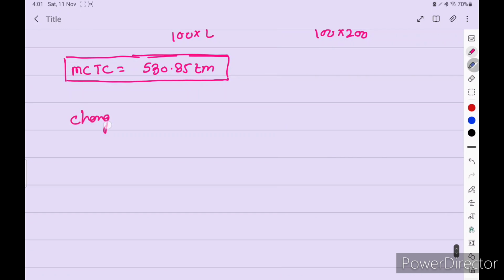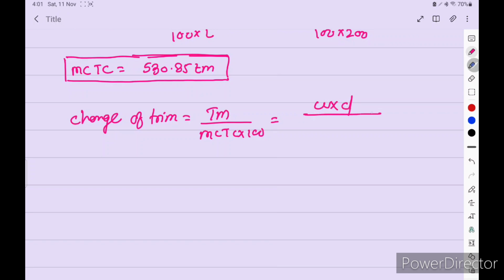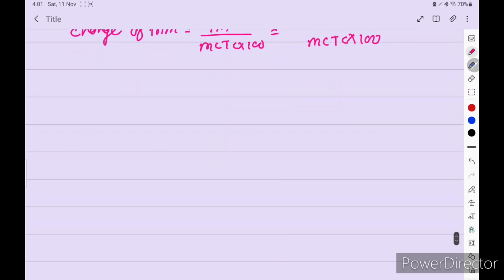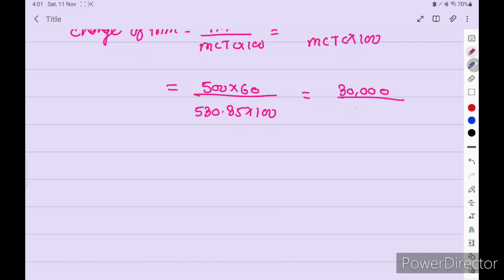Now the change of trim formula is trimming moment upon MCTC into 100. What is trimming moment? W into D. Put the value of 500 into 60 given in the question, divided by MCTC 530.85 into 100, which is 30,000 divided by 53085.